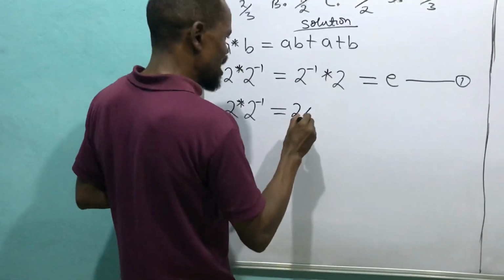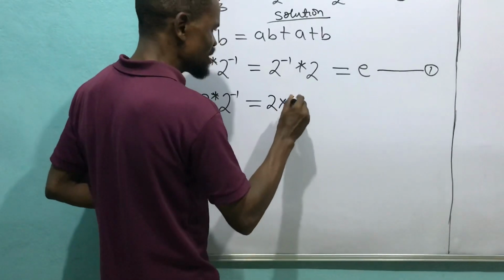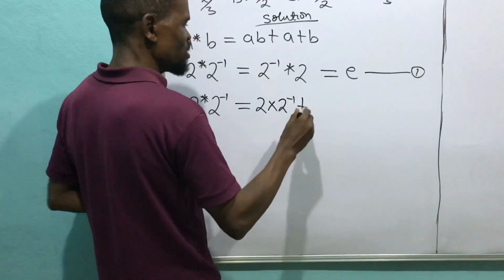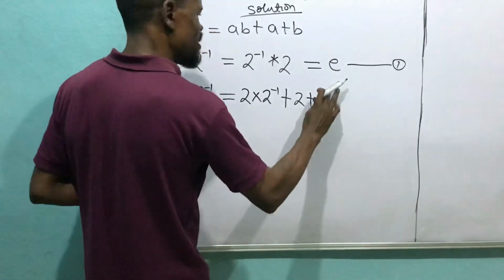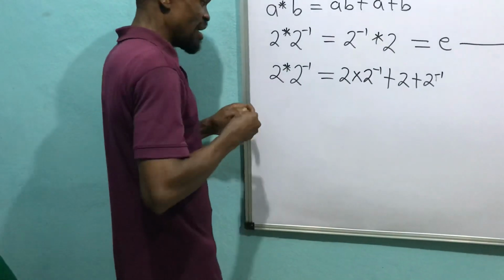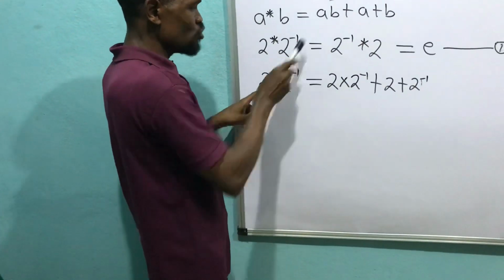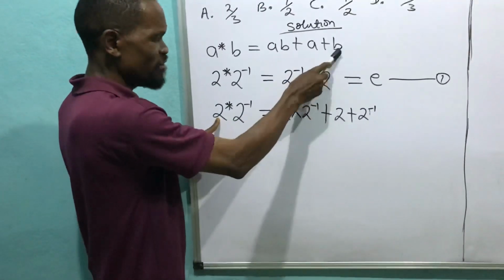What is b? The inverse. Times inverse, plus a, which is 2, plus b, the inverse. That's what I mean there. This is a, I put 2. I put the inverse of a. I put inverse.